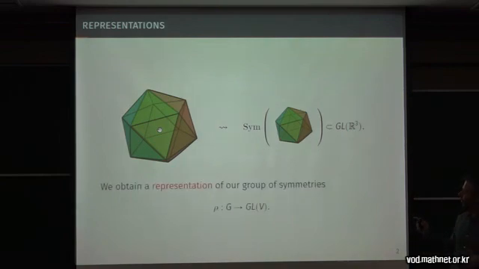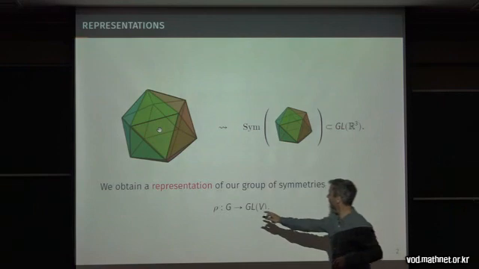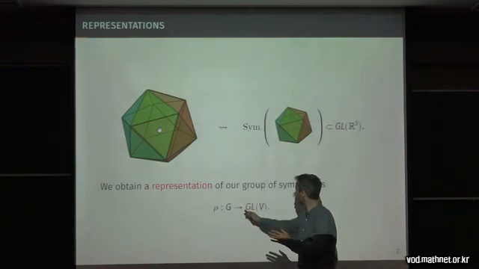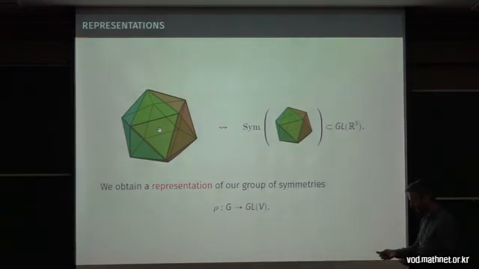One very important thing to bear in mind is that in this particular case the representation is faithful. So we have a homomorphism from G, that's this abstract set of symmetries, into a group of matrices. And in this case this homomorphism is injective, but in general we want to consider all such maps, not necessarily injective maps.